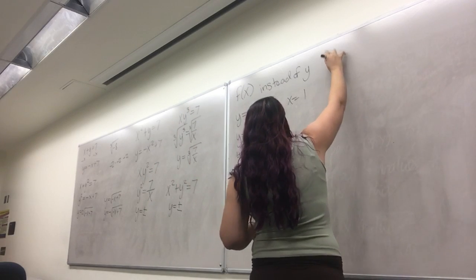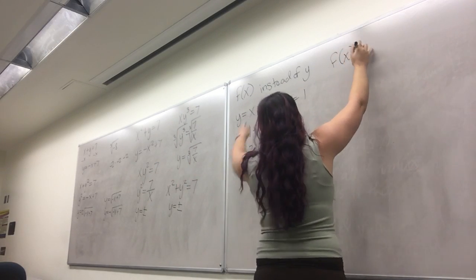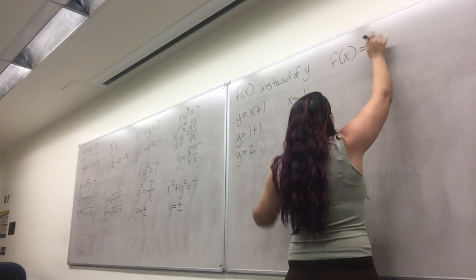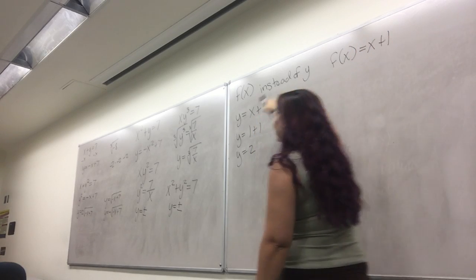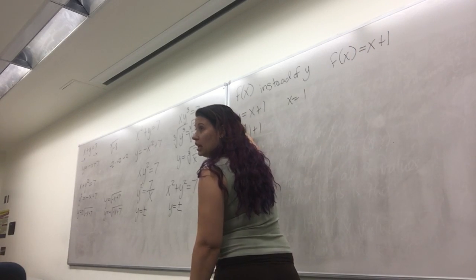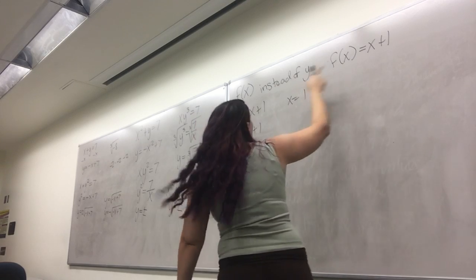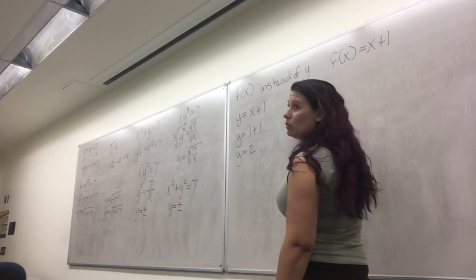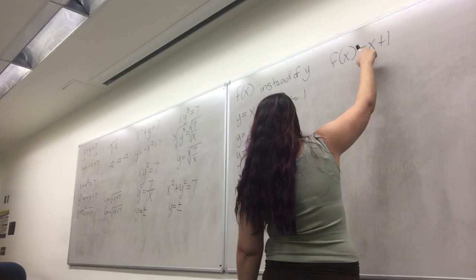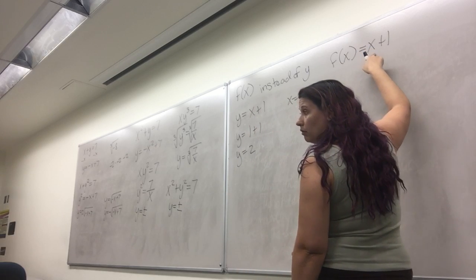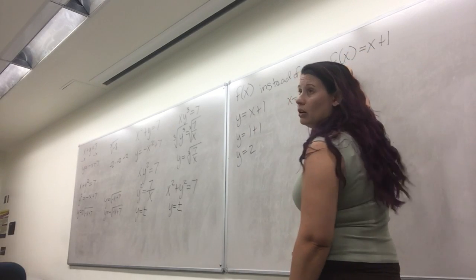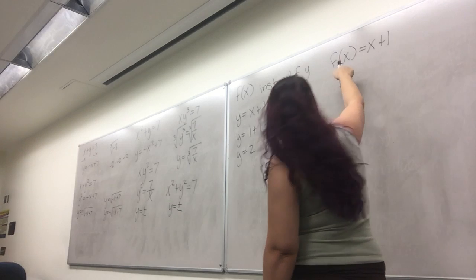So with function notation, going back to my same example, we would have f of x equals x plus 1 instead of y. It just replaces. So when we plug in x equals 1, we do it in the function, and over here in the f of x.